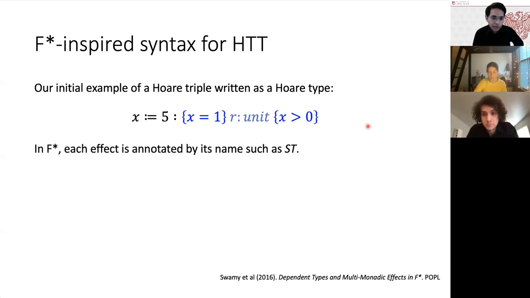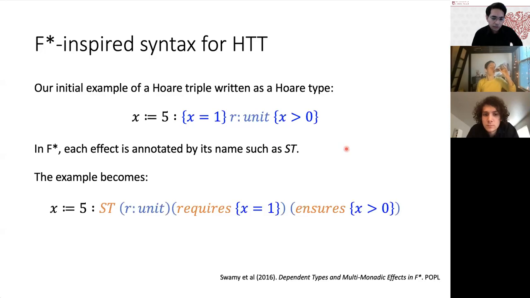The way we will write this in F-star is by annotating it with the kind of effect it has. In the case of classical programs, people familiar with Haskell may recognize this ST. In F-star, ST is called an effect, where we are saying that the type of computation this program does is of state, changing the state.